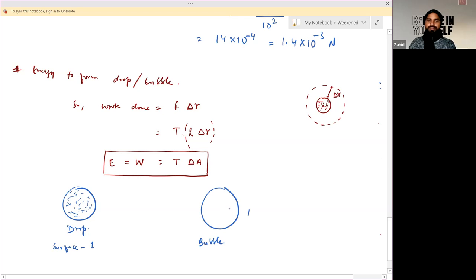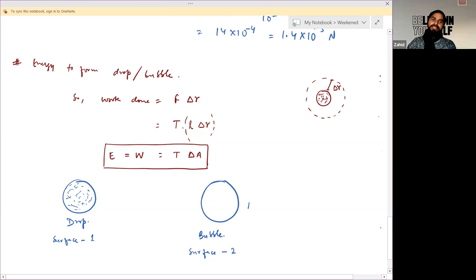For the case of a bubble, there are two different surfaces interacting with air, one from inside and the other from outside, so the interacting surface will be 2.